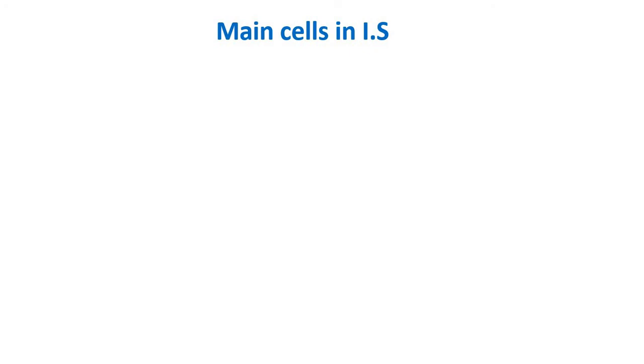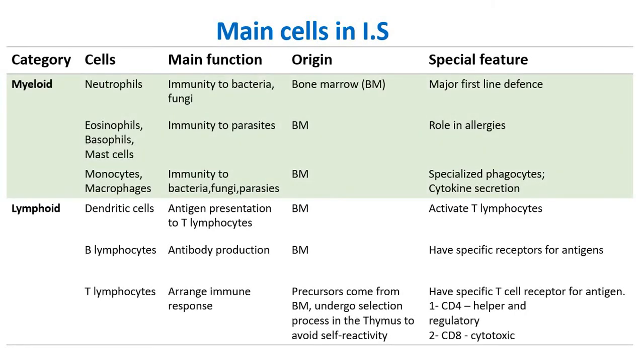So now we are going to talk about the main cells in the human immune system. There are two main types of cells: myeloid and lymphoid. First we're going to talk about myeloid cells. In the myeloid category there are six types of cells: neutrophils, eosinophils, basophils, mast cells, monocytes, and macrophages.